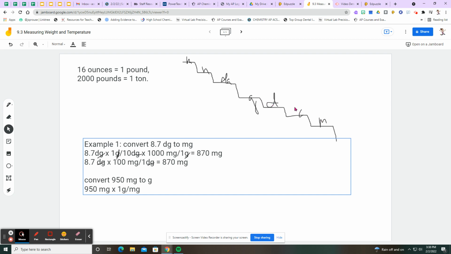That's 10, 100, 1,000. So there are 1,000 milligrams in a gram. Okay, and then I just take 950 and I divide it by 1,000. So it's 950 times 1, which is 950, divided by 1,000, which is 0.950, and it's going to be grams.